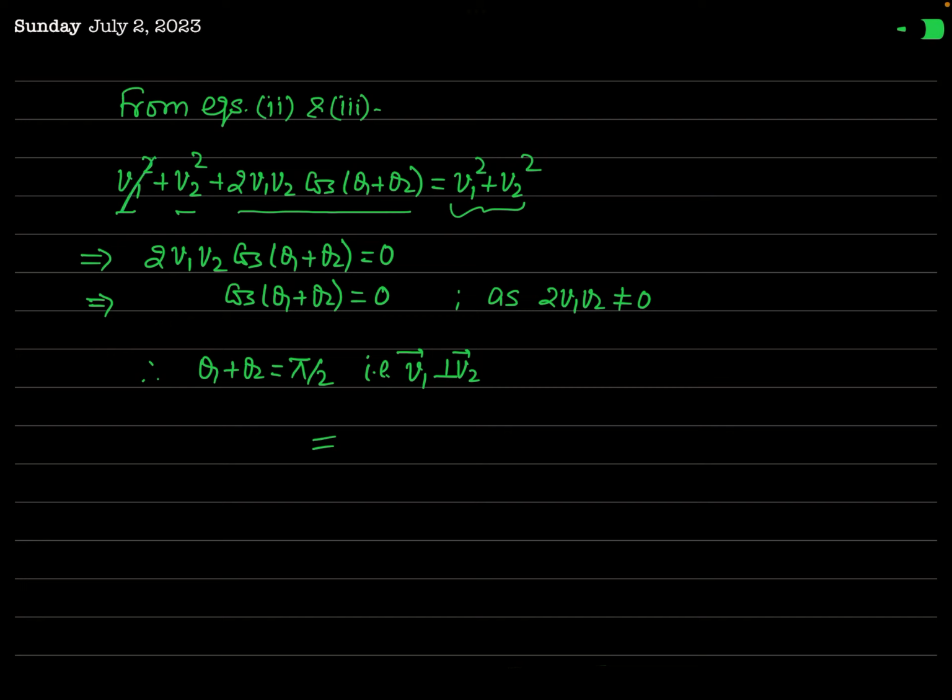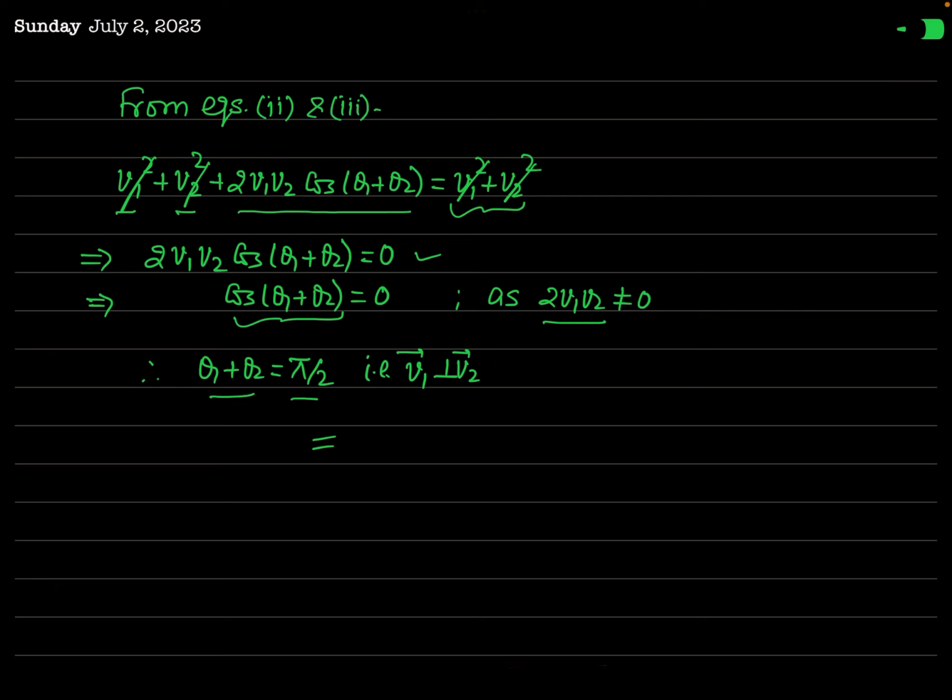Now the v1 square and v2 square on both sides will cancel out, and our result will be 2 v1 v2 cos of theta 1 plus theta 2 equal to 0. But since 2 v1 v2 is not equal to 0, cos of theta 1 plus theta 2 will be equal to 0. And if cos of theta 1 plus theta 2 is 0, it means theta 1 plus theta 2 is equal to pi by 2.